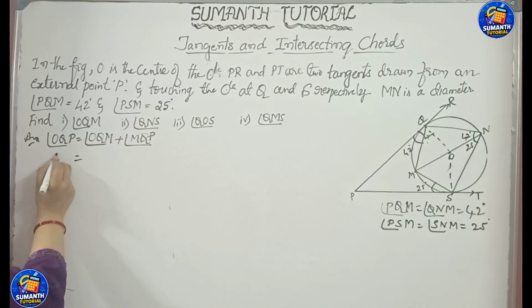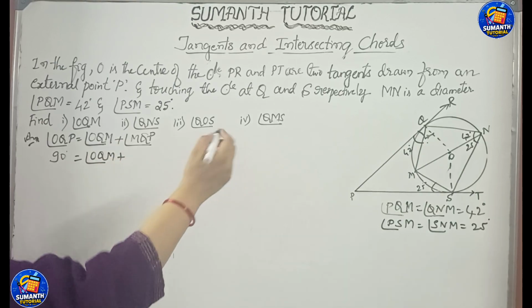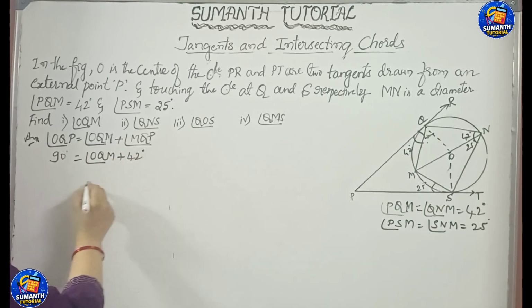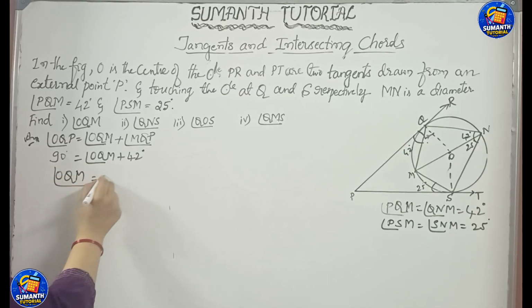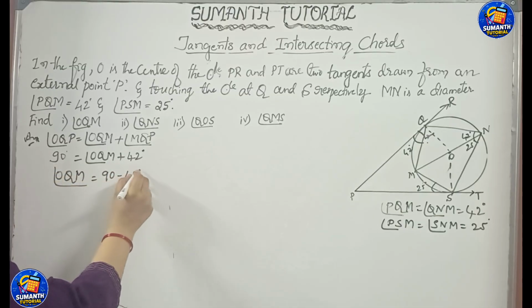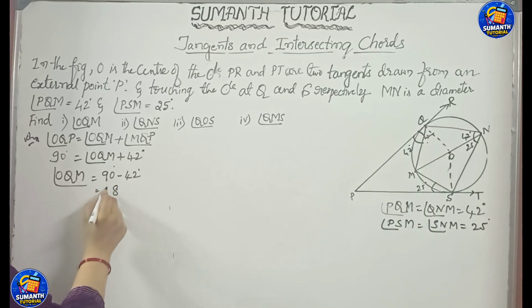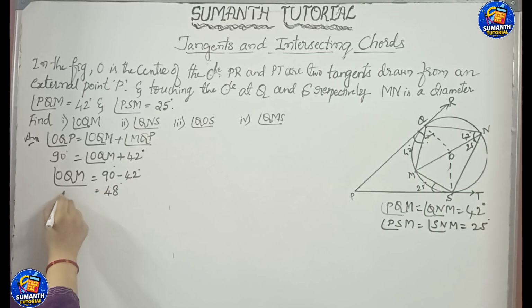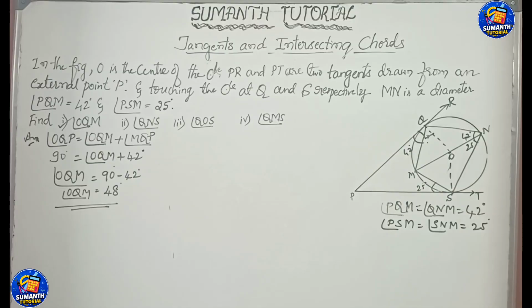This is equal to 90 degrees, which is OQM, as we don't know, plus MQP, which is equal to 42 degrees. By that, angle OQM is equal to 90 minus 42, that is 48 degrees. Angle OQM is equal to 48 degrees. The first answer is finished.